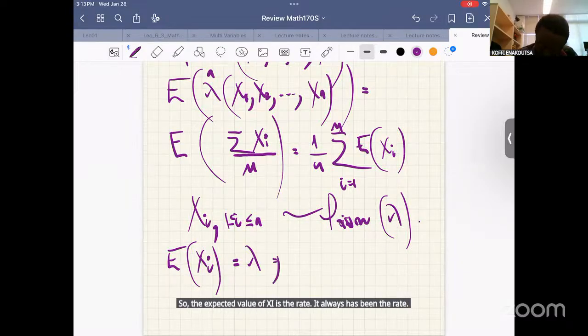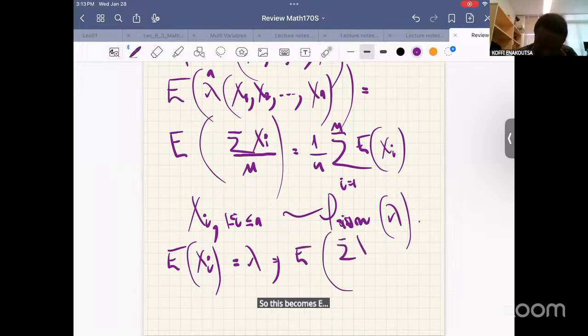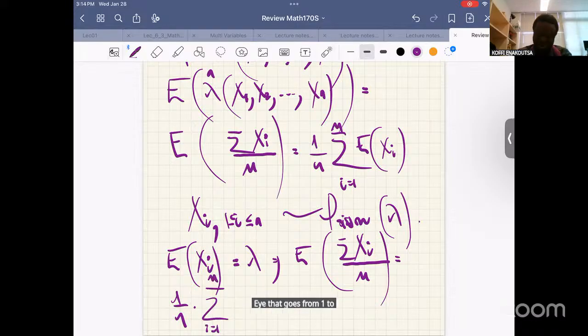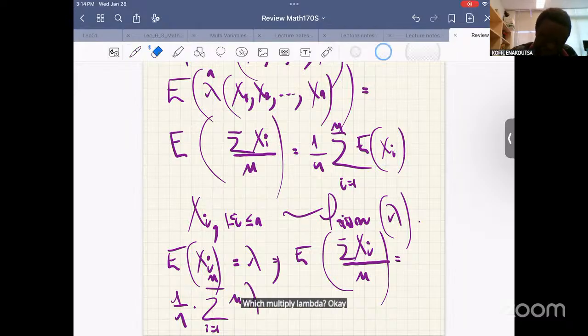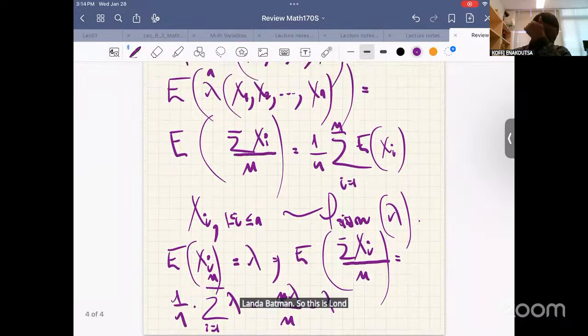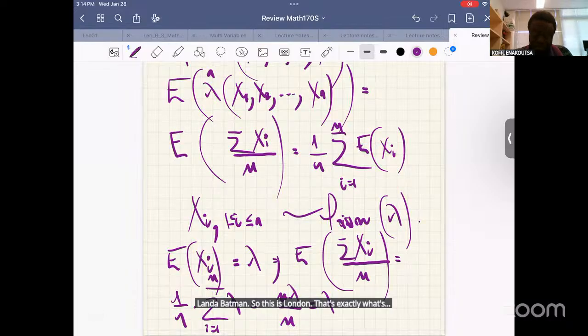So the expected value of the sum of Xi divided by n will become 1 over n, multiplied by the sum for i from 1 to n of lambda. If you sum lambda n times, you will get n lambda divided by n. So this is lambda. That's exactly what we anticipate if the estimator is unbiased.